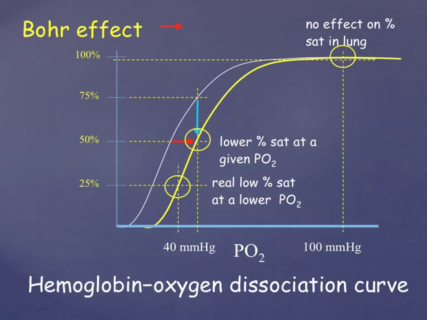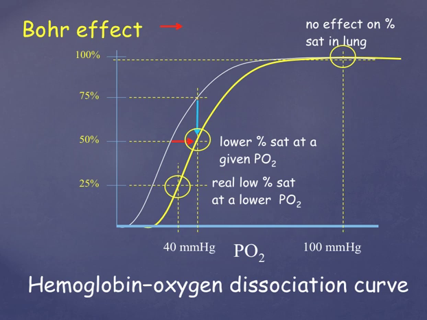Next is the Bohr effect, which I said occurs when temperature is high, levels of carbon dioxide are high, pH is low, meaning there's lots of acidity. When might these things occur? In severe exercise. And don't worry about 2,3-DPG.